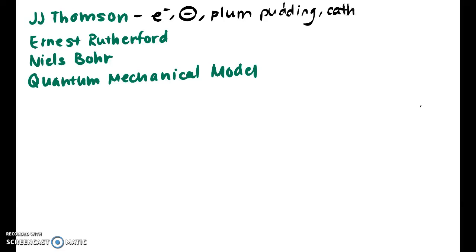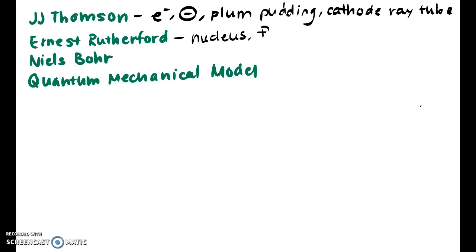So to summarize, J.J. Thomson discovered electrons, knew they had a negative charge, and came up with the plum pudding model. He discovered these things through the cathode ray tube experiment. Ernest Rutherford discovered the nucleus.